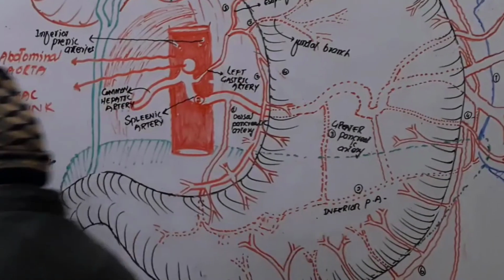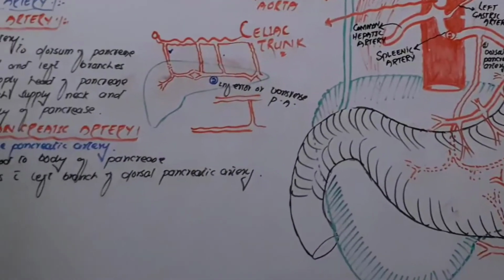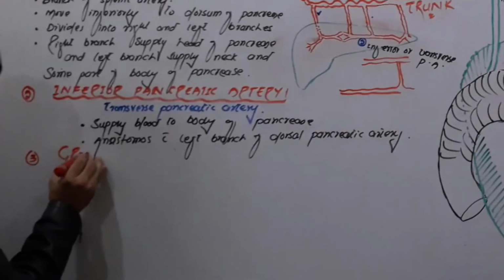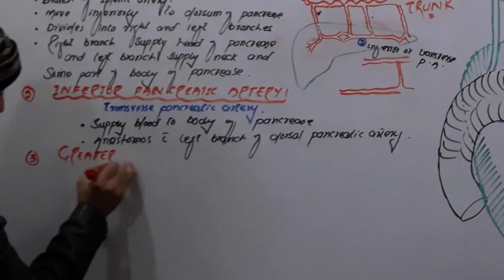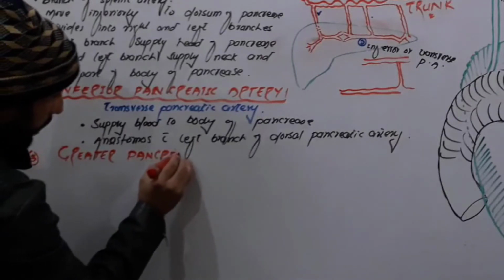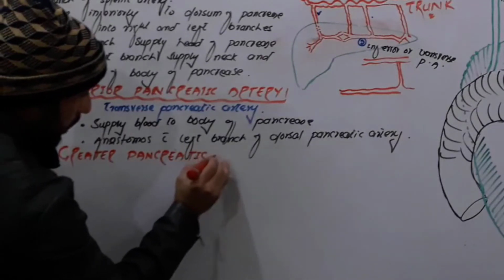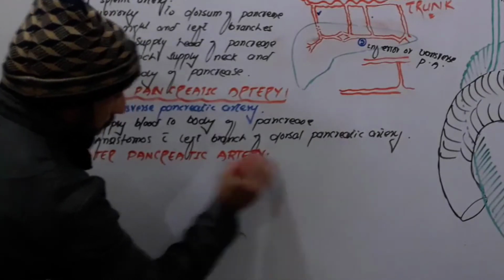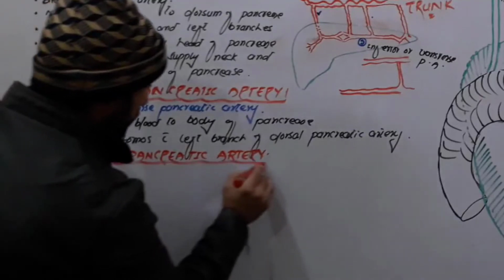Okay, so the greater pancreatic artery is the third branch.